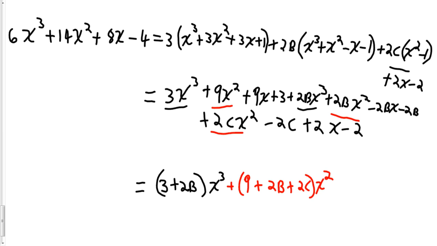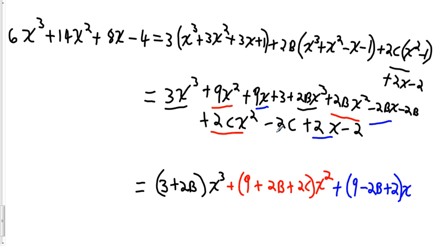And then let's see, the x's. Here I have an x, here I have an x, and here I have an x. So I have plus, and then for the x I have 9 as one of my coefficients, a minus 2b as one of my coefficients, and a plus 2 as one of my coefficients of x. And then it's just a matter of looking at the constants.